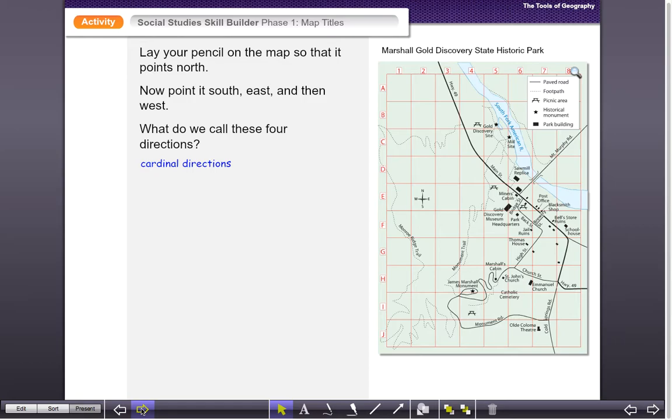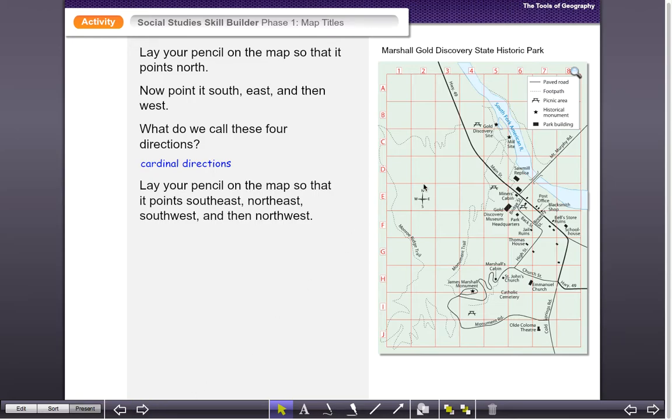If you want to think about this as a little red bird that you see flying in your backyard, that is okay, because we're talking about the cardinal directions of north, south, east, and west. Now lay your pencil on the map so that it points southeast, northeast, southwest, and then northwest.